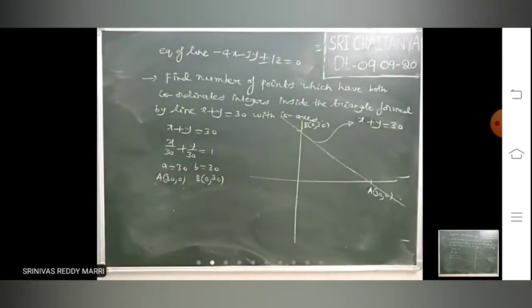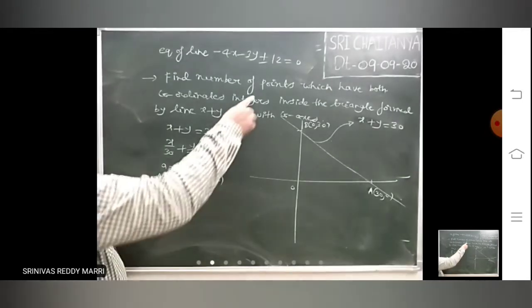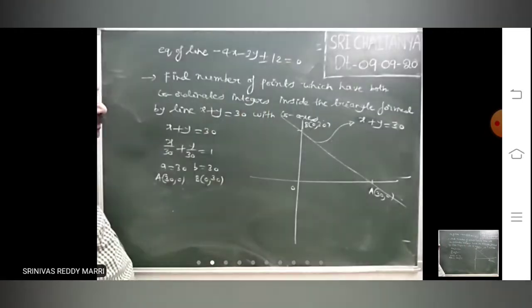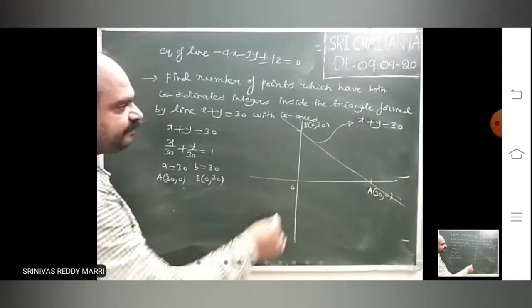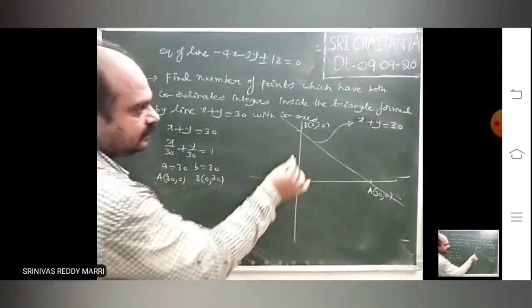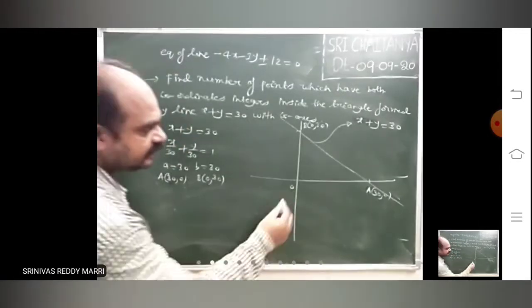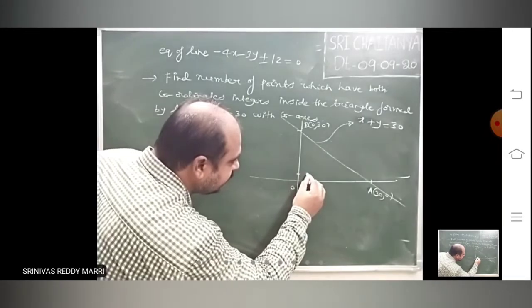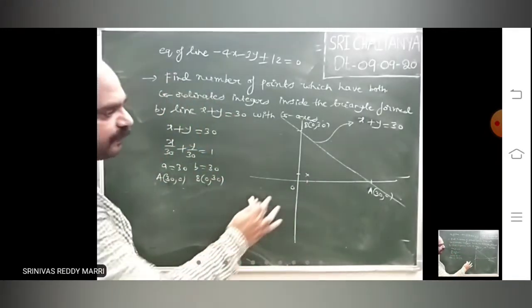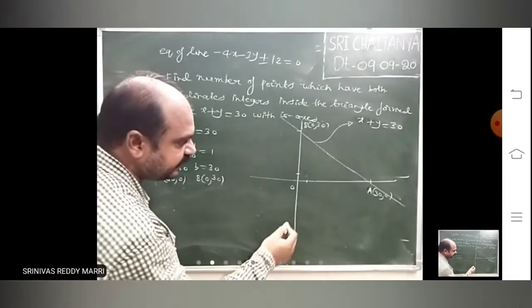Now he is asking to find the points which have both coordinates integers inside this triangle. That means not on the border, not on the x-axis or y-axis, strictly inside. Suppose the point (1, 1) is there, it will lie here. That is one point that will have integer coordinates. Like that, a number of points will be there.